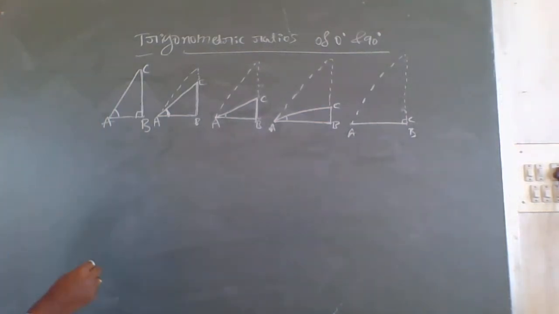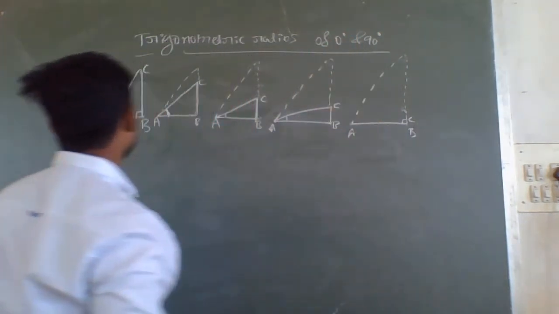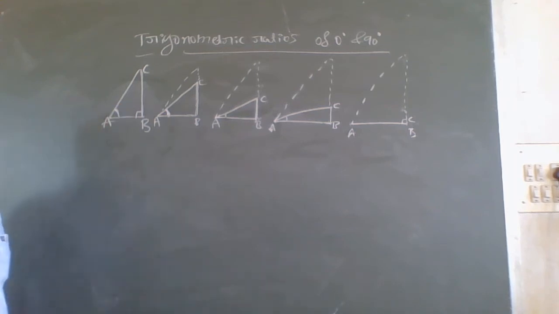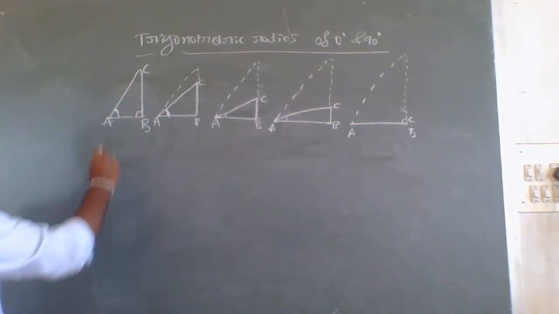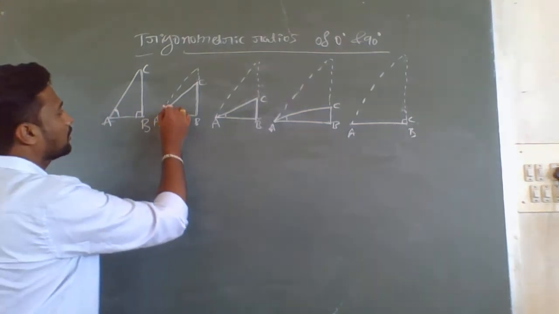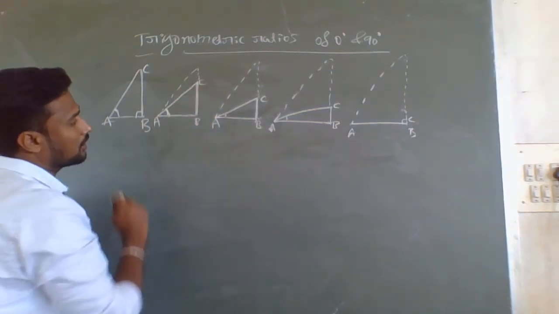Listen carefully again. What we are doing here, we are checking trigonometric ratios with respect to 0 degree, so we are decreasing this angle A. In triangle ABC, angle B is right angle and we are reducing this angle A. As angle A becomes smaller and smaller, this length of BC also decreases.